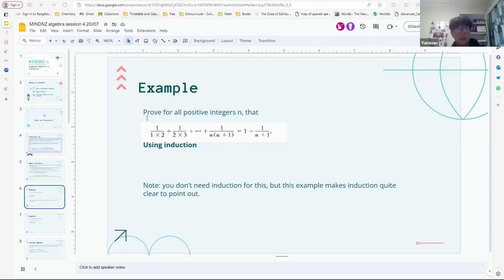Okay, so now we'll have an example using induction. This problem can be done without induction, but it's a case where it makes the induction pretty clear. I'll give you guys 30 seconds to try to figure it out.